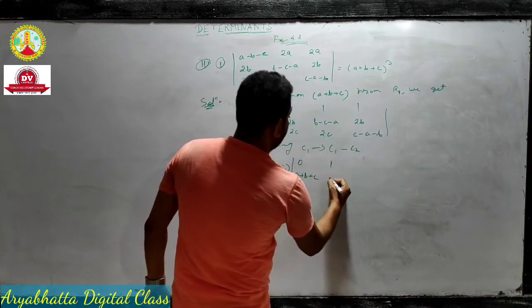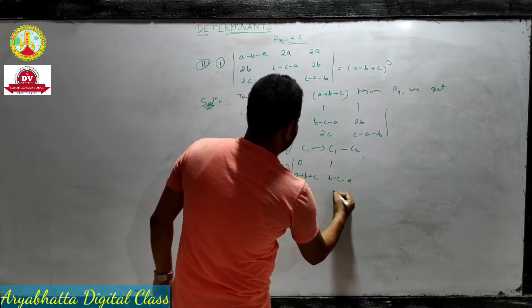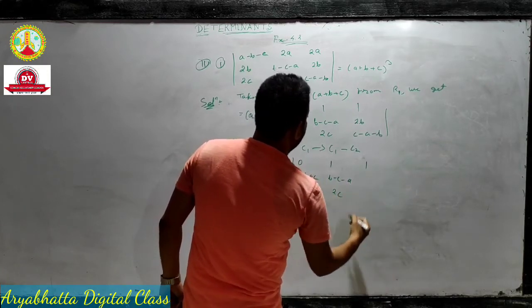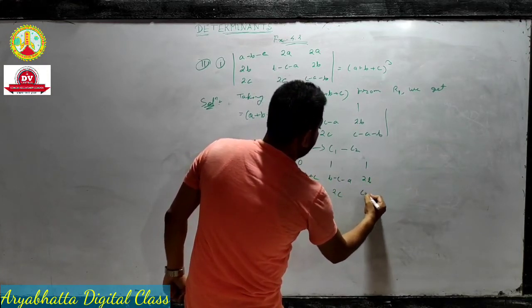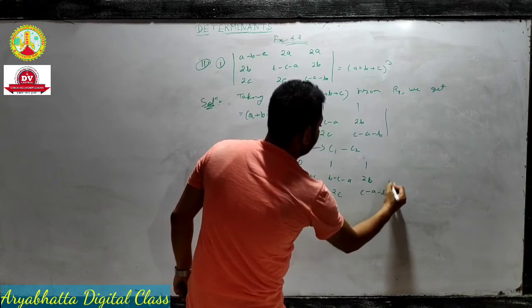Next columns: 1, 2b, and 1, b − c − a, 2c, and 1, 2b, c − a − b.